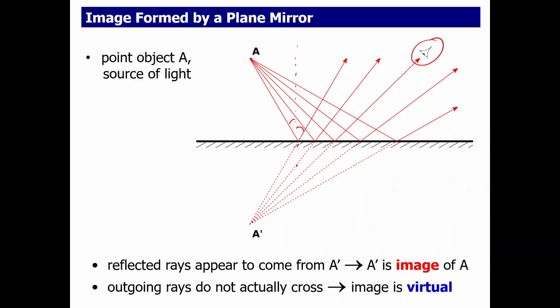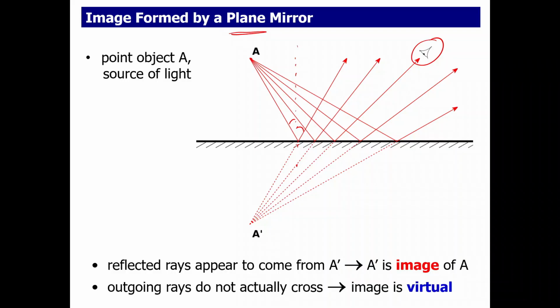Now, what we actually see when we look into a mirror is going to be the image. And what's really weird is that in many cases, when we look at a mirror, in this case what's called a plane mirror because it's flat, it's a plane in space, what we're actually seeing of the image is not coming directly into our eyes.